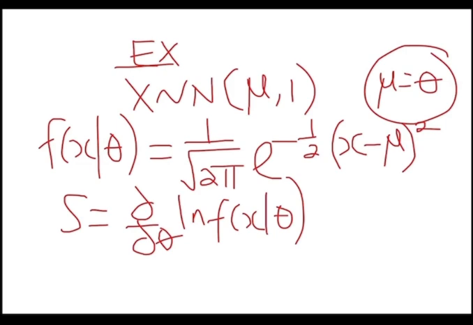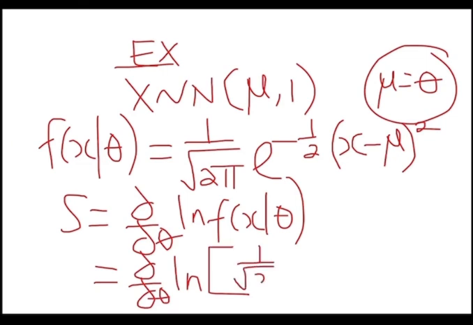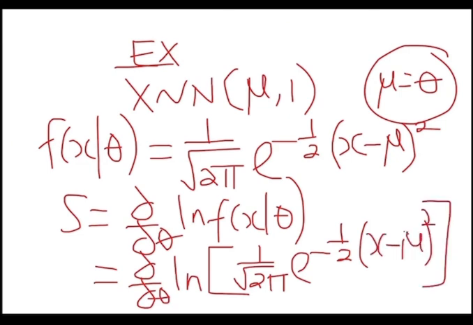Then after that, I'm going to differentiate with respect to theta to be able to get my score function. So this is going to be d/d theta of ln of 1 over the square root of 2 pi, exponential raised to the power this.